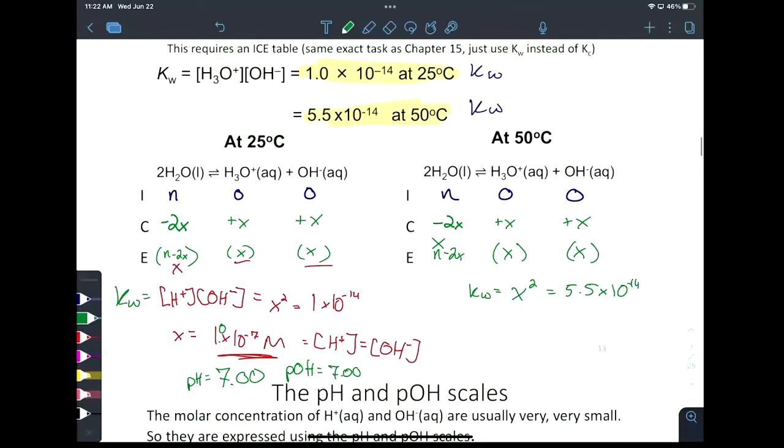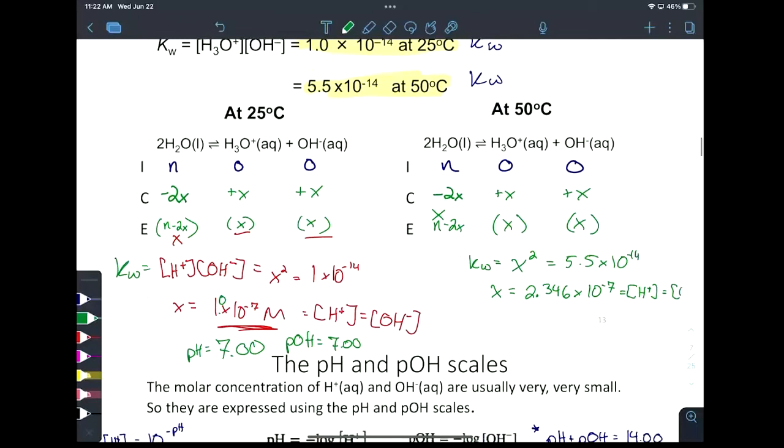And so what we get is that x equals 2.346 times 10 to the negative 7. This is equal to our H plus concentration at equilibrium and to our OH concentration at equilibrium. Okay, so based upon this, note that this is at 50 degrees.